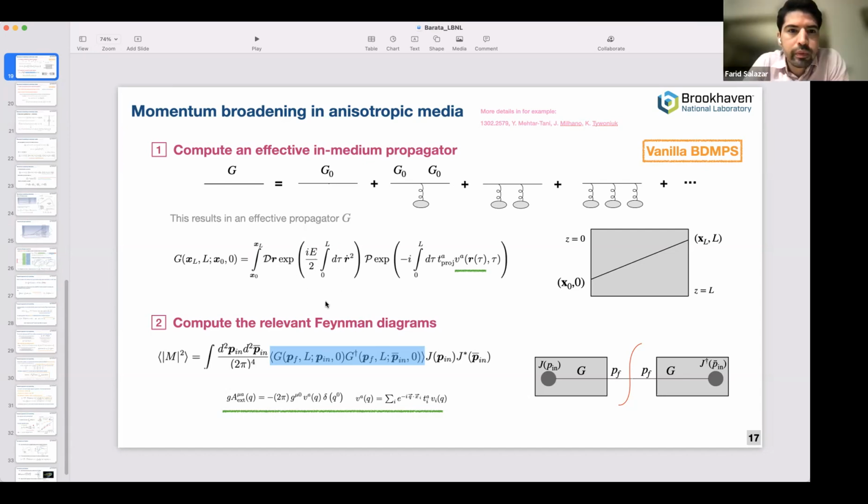Every time you expand in gradients, it's like taking the derivative of this object. That's why when you go to second order in gradients, it's like taking the second derivative, and you can get terms which are like 1 over E squared. But of course, although you have this sub-eikonal term, you are not doing a calculation which includes all sub-eikonal terms. That's not the goal of the calculation.